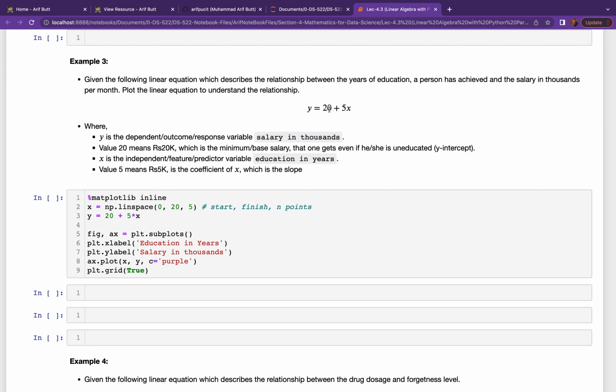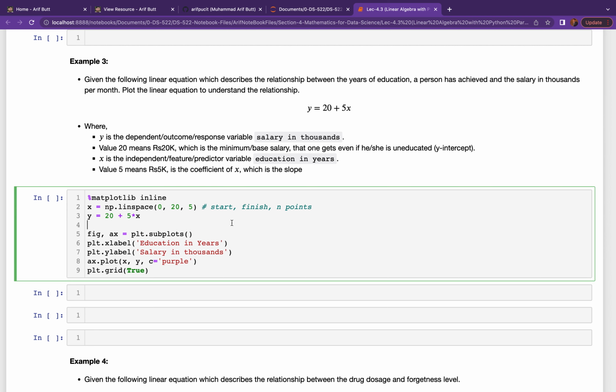This value 20 means 20,000, which is the minimum or the base salary, and this x is the feature or the independent variable, that is the education in years. The more education you have got, the more is your salary. And this 5 means 5k, which is the coefficient of x, that is the slope.